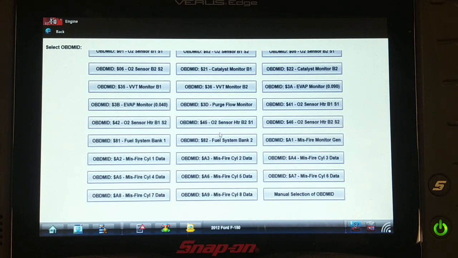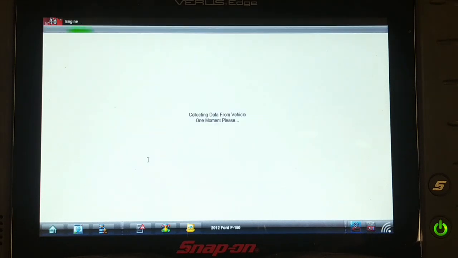So here's a list of the mode 6 data, and it does have misfires on cylinder 1, 2, 3, 4, 5, 6, and 7. So let's do them in order here. And obviously I haven't cleared the codes because that would wipe out this mode 6 accumulated data.